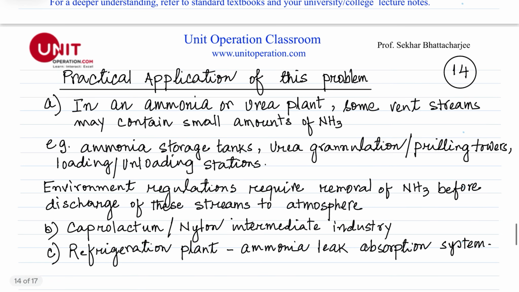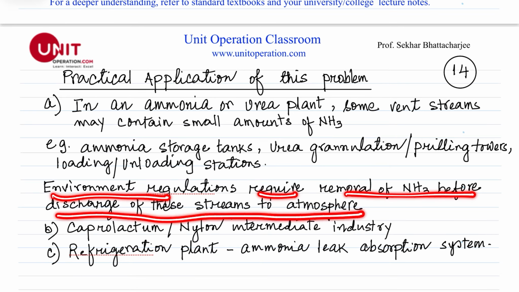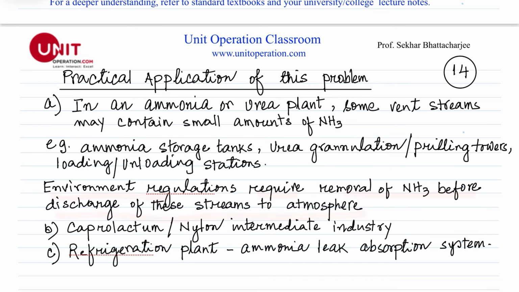What's the practical application of this problem? In an ammonia or urea plant, some vent streams may contain a small amount of ammonia, for example ammonia storage tanks, urea granulation or prilling towers, and loading and unloading stations. Environmental regulations require removal of ammonia before discharge of these streams to the atmosphere.